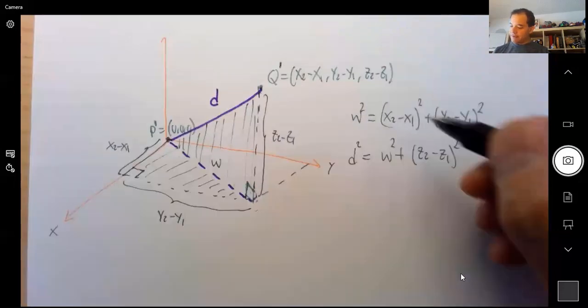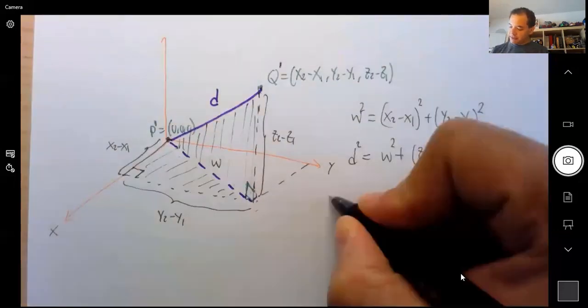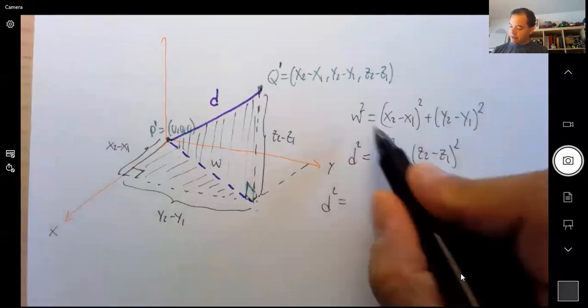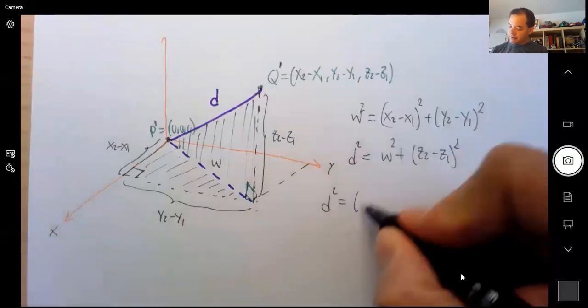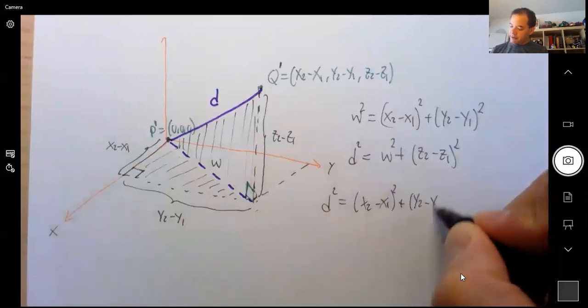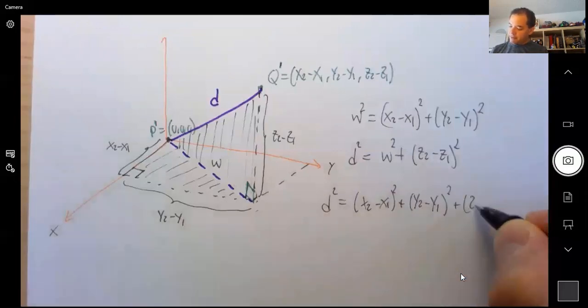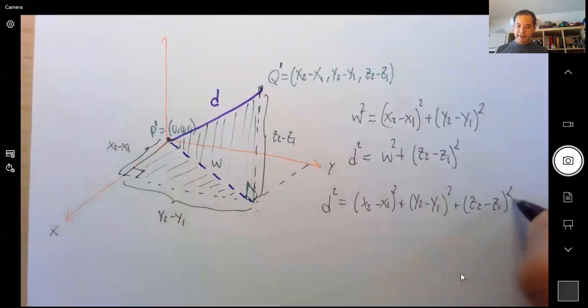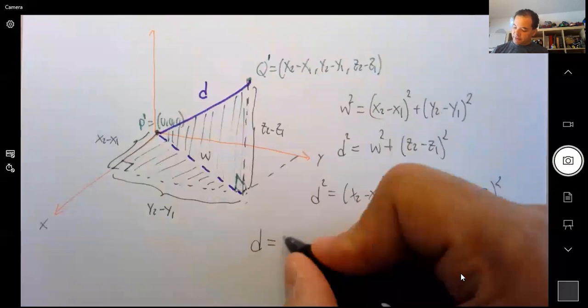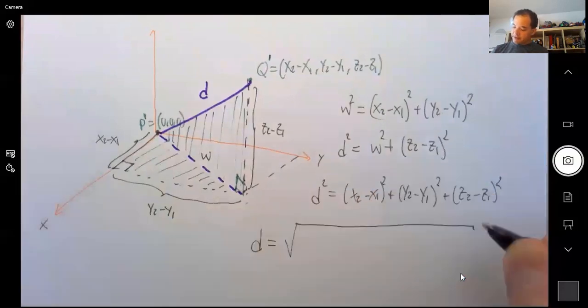Now if you combine these two, what you get is that D squared is, instead of W, I now write all of these: x2 minus x1 squared plus y2 minus y1 squared plus c2 minus c1 squared. And that is now my formula for the distance between 2 points. Here it is.